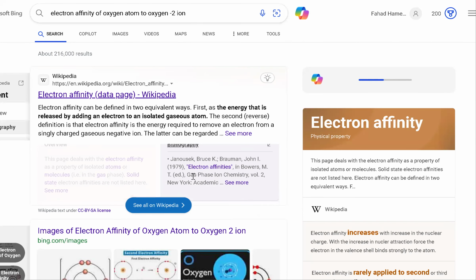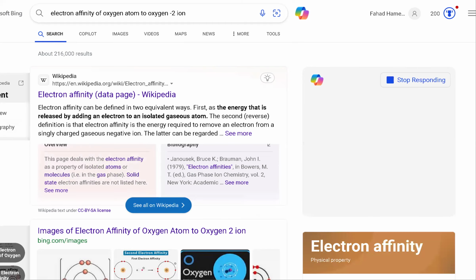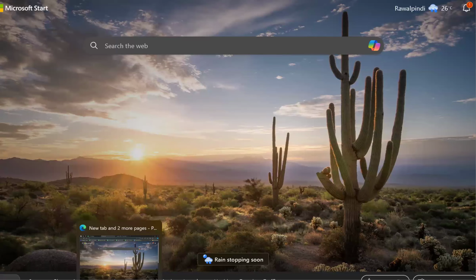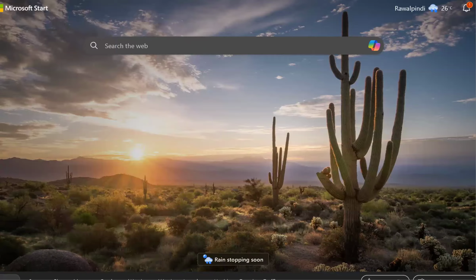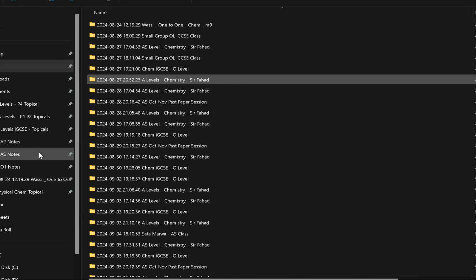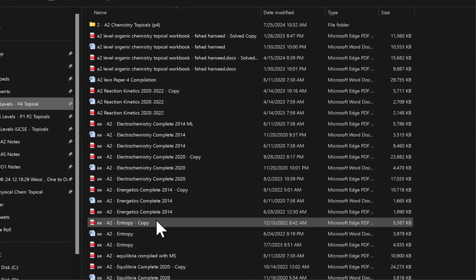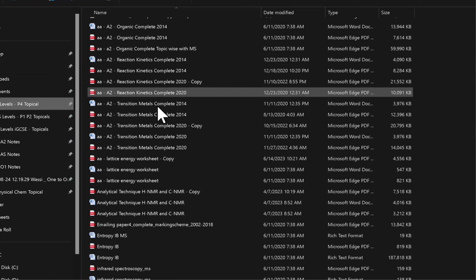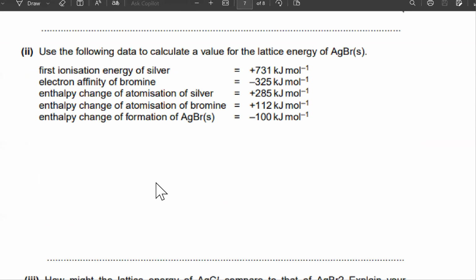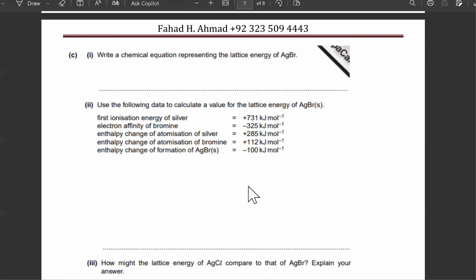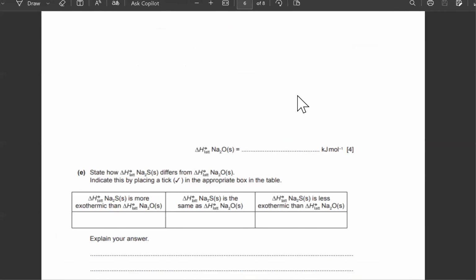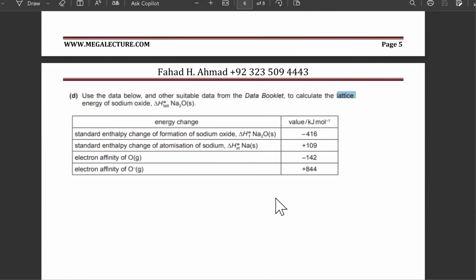Okay, not really sure, but let me look at it in a worksheet just a second. Lattice energy, just a second, this one. Somewhere there must be given the electron affinities of oxygen, because we're not sure whether it's endo or exo. So this is given over here.